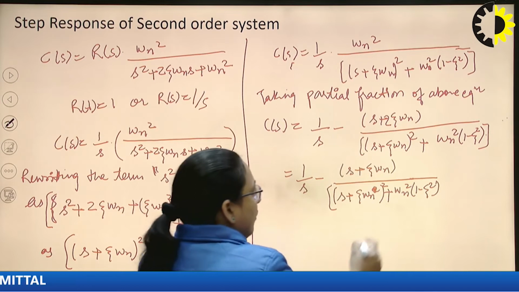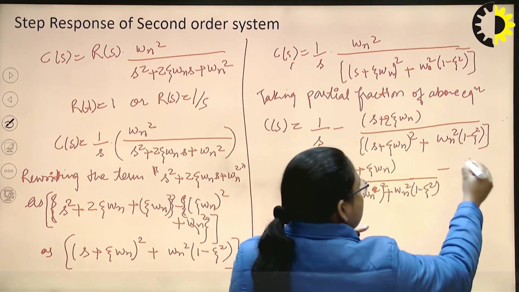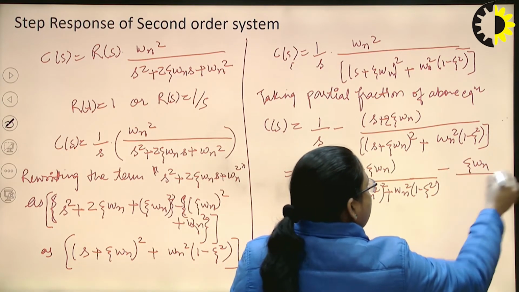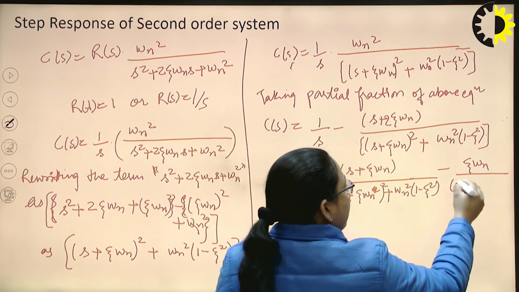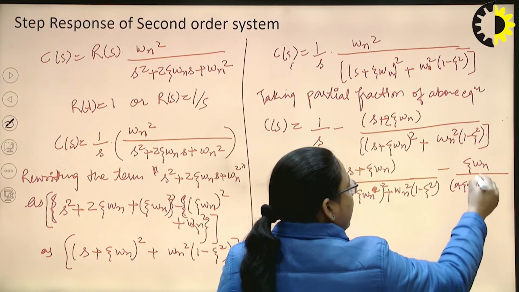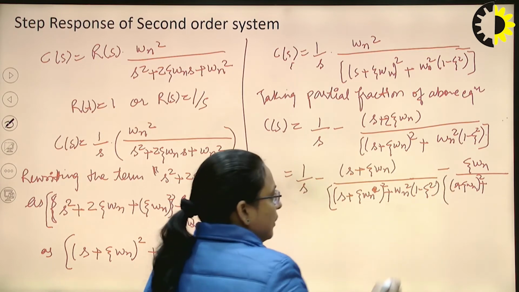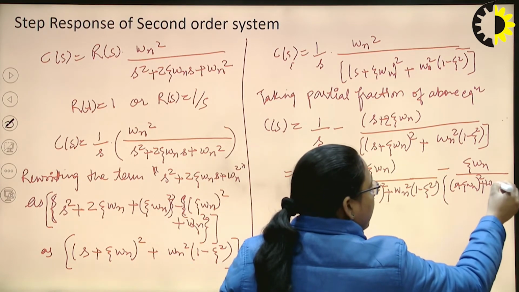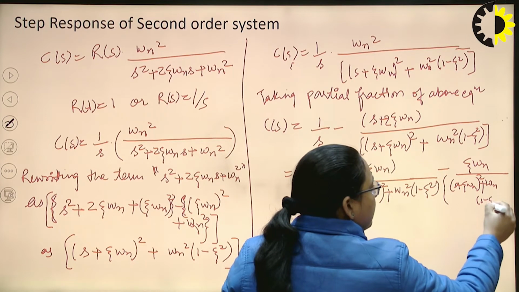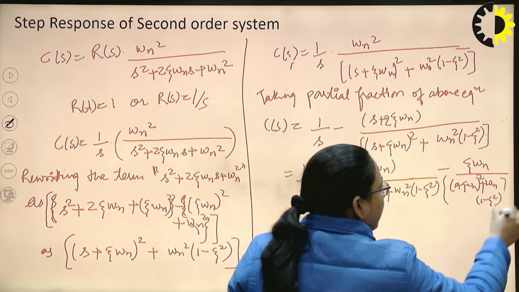Now I am left with minus zeta omega n and the same denominator, that is s plus zeta omega n whole square plus omega n square into 1 minus zeta square.